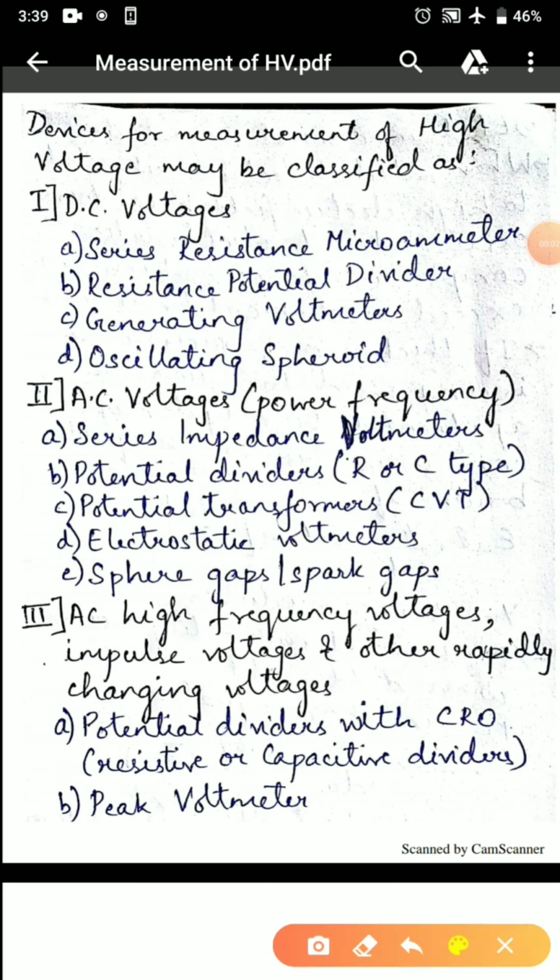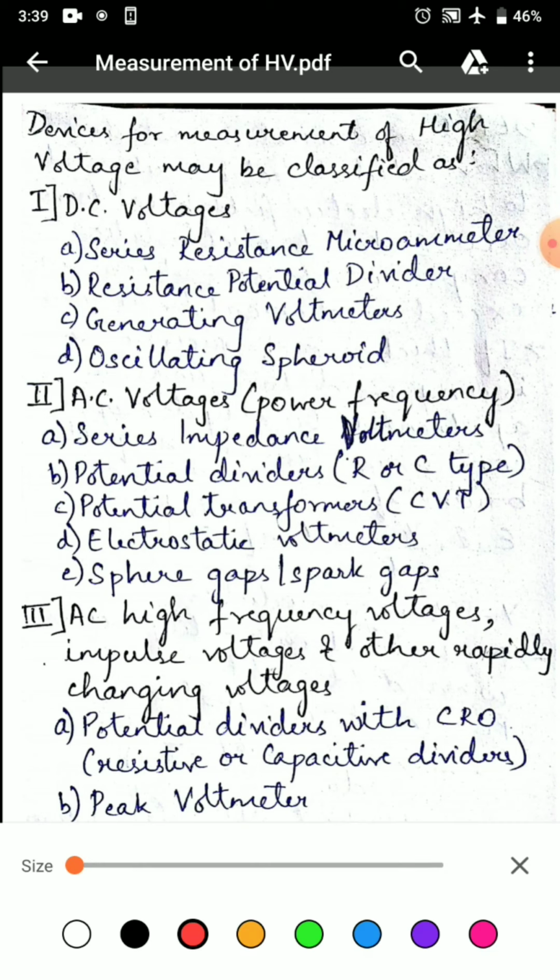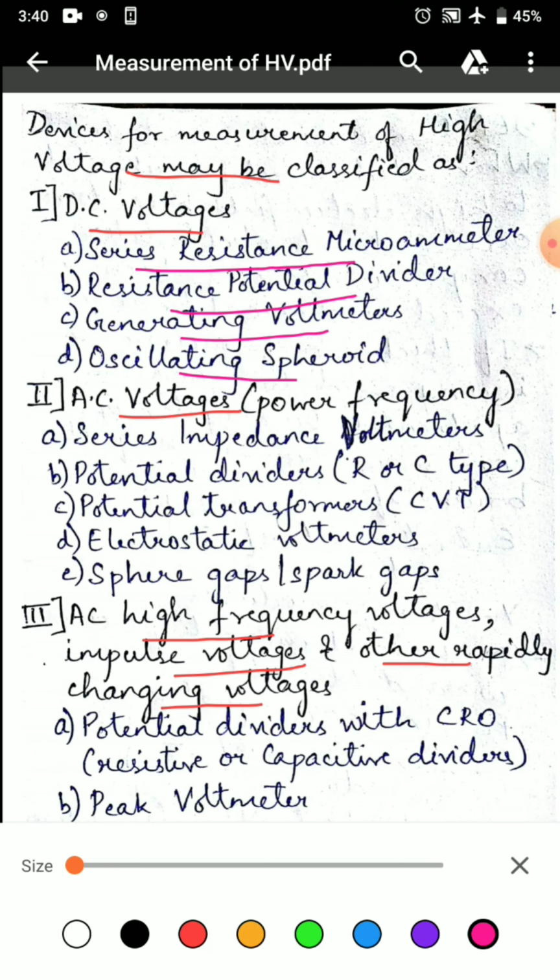The devices for measurement of high voltage can be classified as DC voltages, AC voltages with power frequency, AC high frequency voltages, impulse voltages, and other rapidly changing voltages. Under DC voltage, measurement of high voltage DC can be done using instruments like series resistance microammeter, resistance potential divider, generating voltmeters, oscillating spheroid.